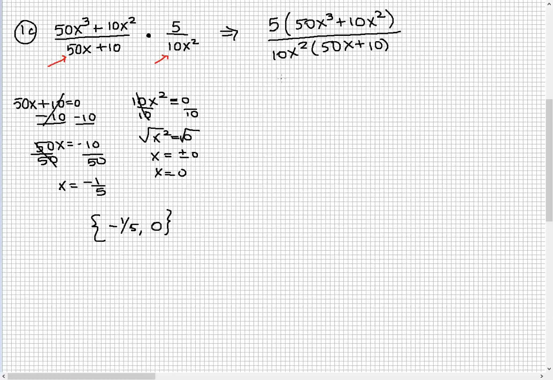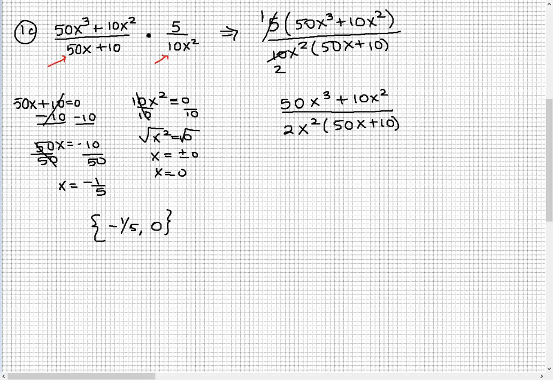Look at this. Well, the 5 and the 10 automatically cancel, right? 5 goes into 5 once, it goes into 10 twice. So we have 50x cubed plus 10x squared over 2x squared times 50x plus 10.